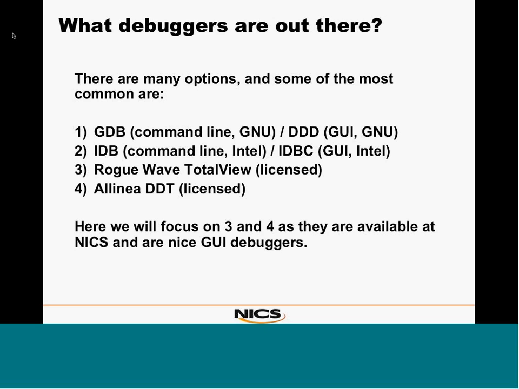The Intel versions, IDB and IDBC, are again the same thing, but they come with the Intel compilers, which of course we have on all systems. We have Rogue Wave TotalView and Allinea DDT. Both of those are licensed, so those are vendors that we have to pay money to have those licenses. Of course, there are tools like CrayPat and others for performance analysis, Electric Fence, things like that, but those are very specific. Electric Fence is a memory debugging tool.